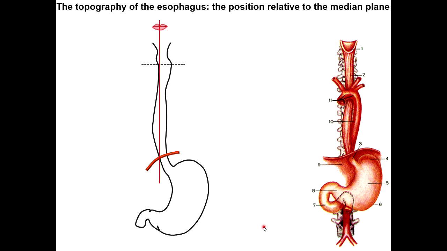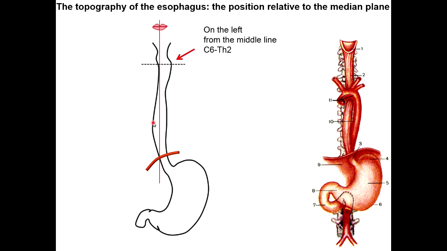So that's why if we use the designation of medial plane as this red line, one part of esophagus is from left side of the middle plane or medial plane, and another part, for example here, is located from right side relative to median plane.